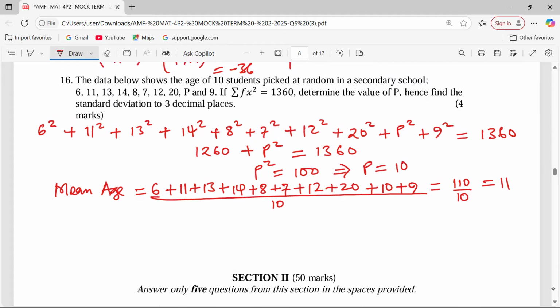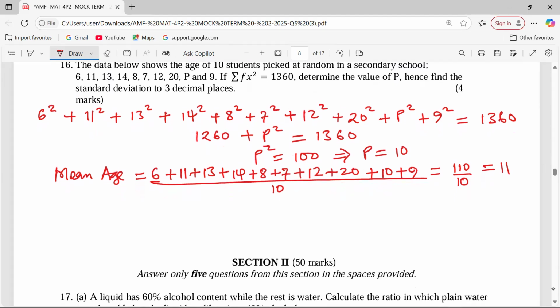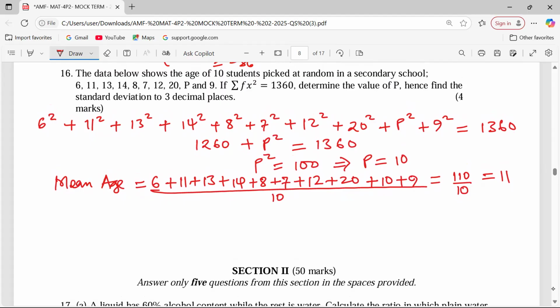So for us to proceed now to standard deviation, we're supposed to first work out what we call variance. So I'm talking about deviations first. Deviation is every value minus the mean. How is each value differing from the mean?